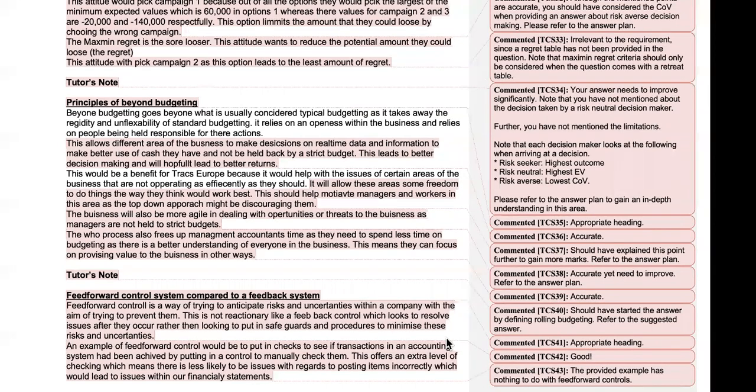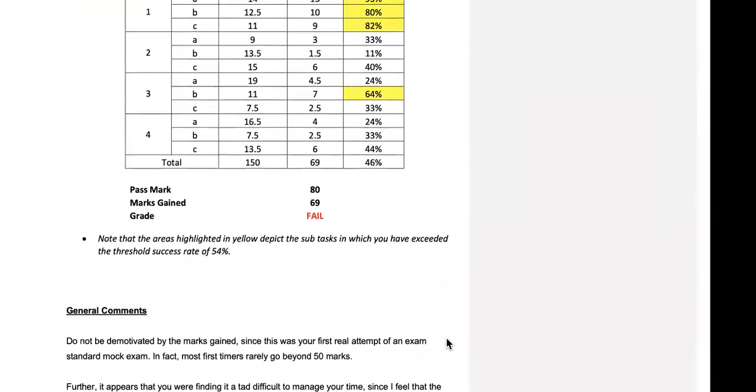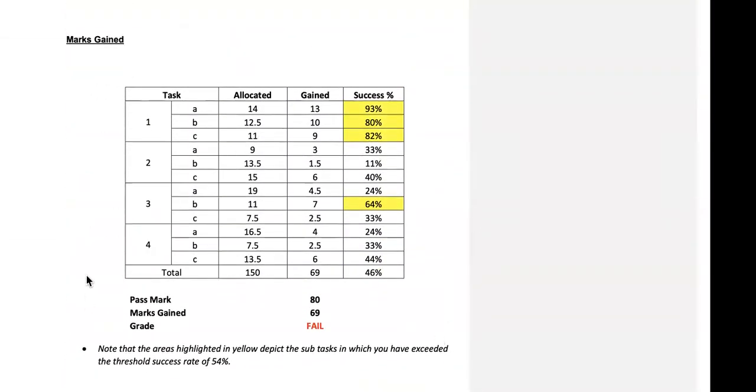But mostly when providing feedback, I tend to focus on highlighting your weaknesses so that you really know where you stand as a student. That's exactly what you can see throughout the paper. And at the very end, on a subtask by subtask basis, we allocate marks so that you can easily understand where you stand and how much you need to score in order to stand a chance to pass the examination.